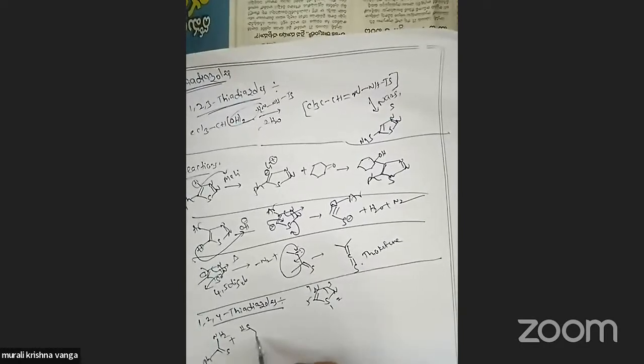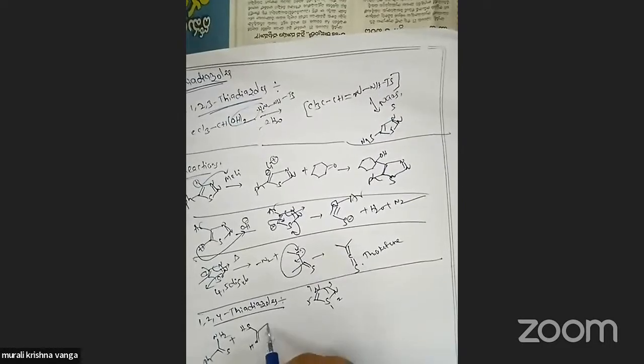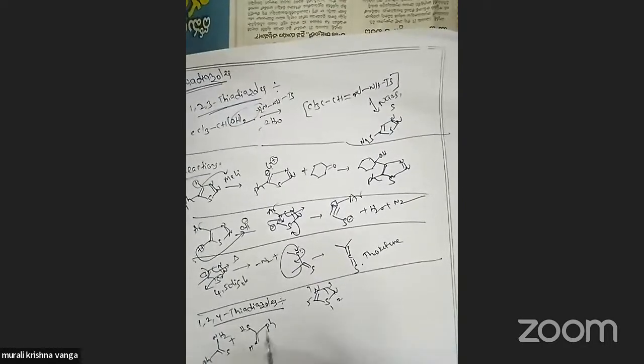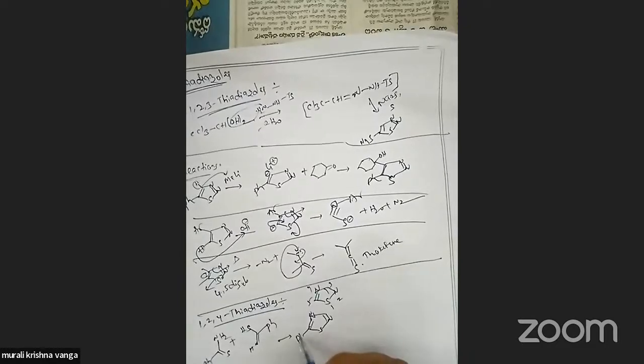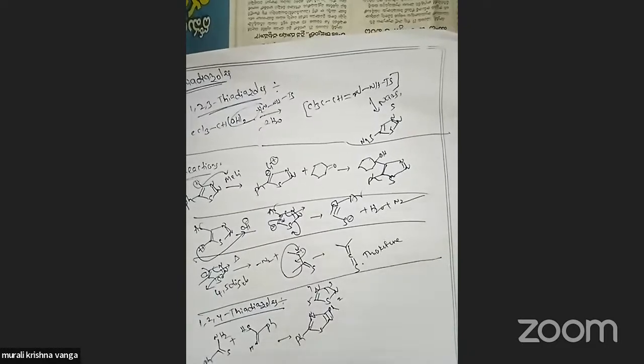Reaction with 2 moles of thioamide. Then the product is 1, 2, 4 thiadiazole.